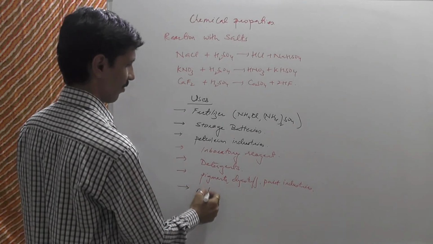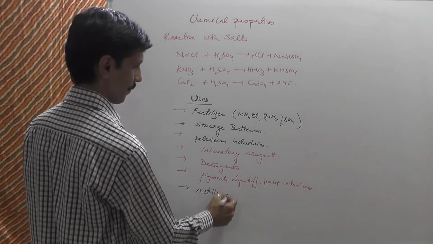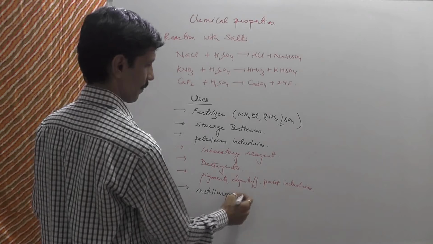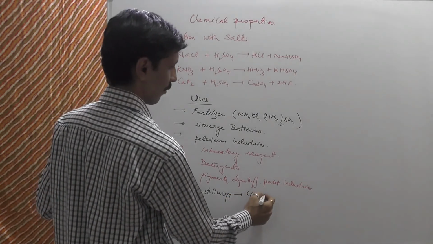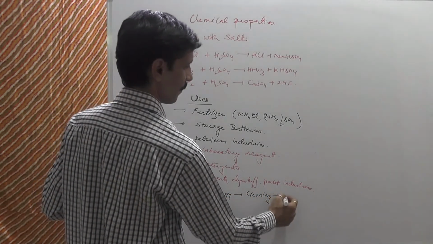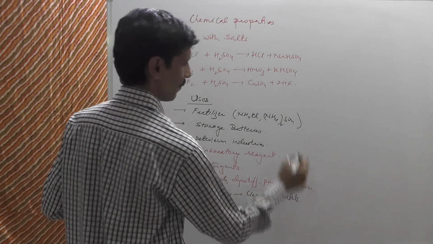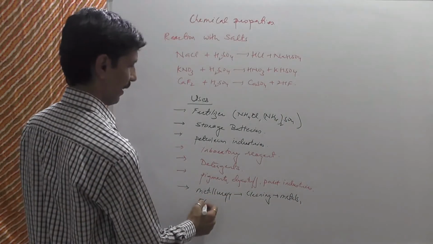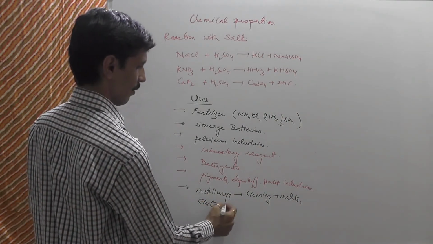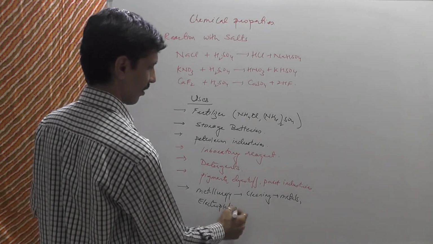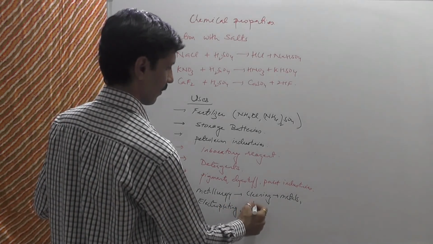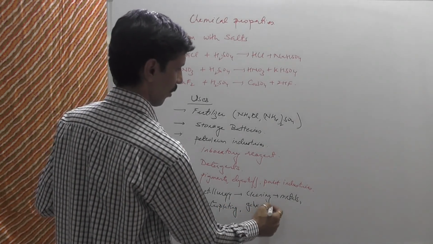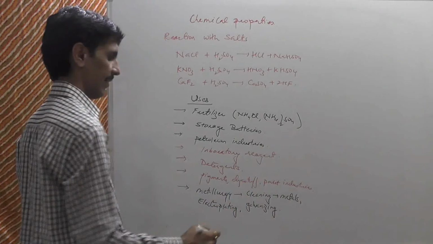In the metallurgy process, they are used for cleaning of metals. Also, they are used in electroplating, coating of metal or any substance on the surface of another substance by a process of electrolysis. So that is electroplating.